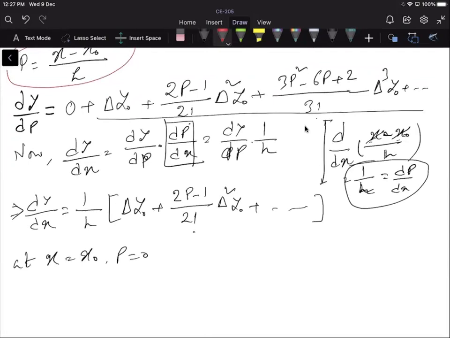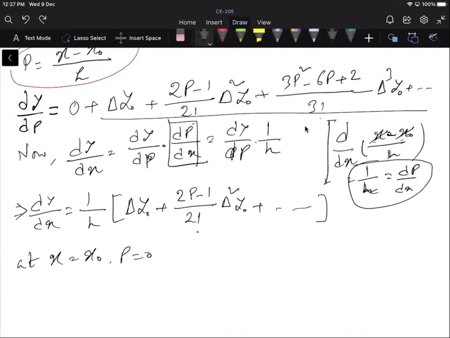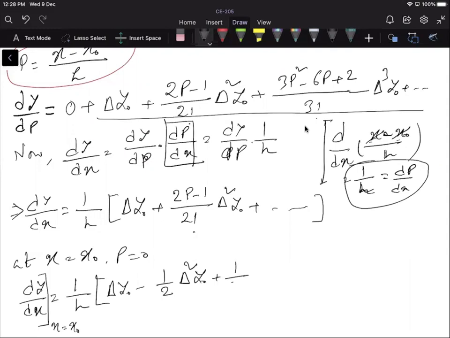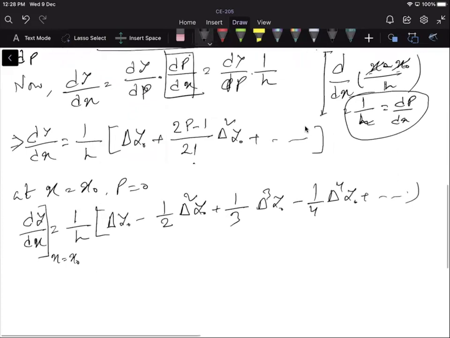If you put p = 0 in this equation and simplify, you will find that dy/dx at x = x0, the initial point, is 1/h (Δy0 − ½Δ²y0 + ⅓Δ³y0 − ¼Δ⁴y0 + and so on). So this is your equation.